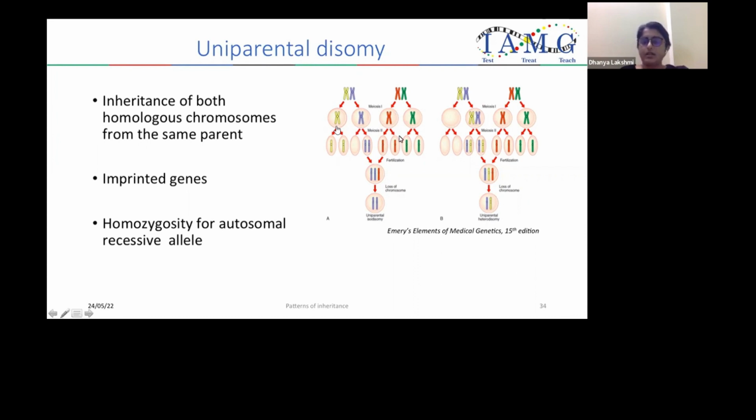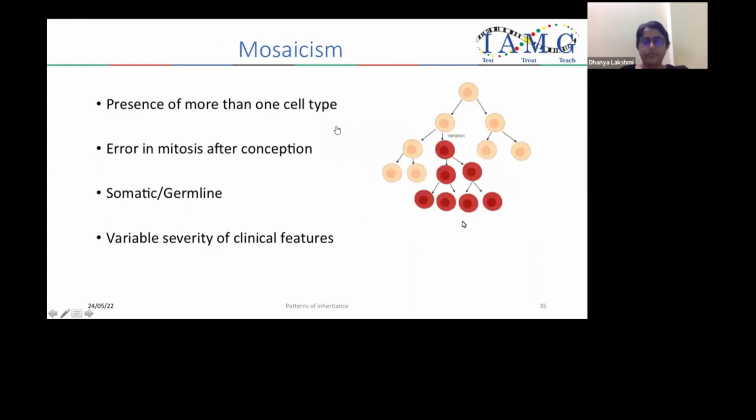And whenever there is an error in meiosis 2, it can result in uniparental isodisomy. And whenever there is a defect in meiosis 1, it will result in uniparental heterodisomy.